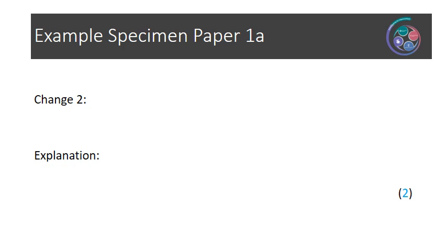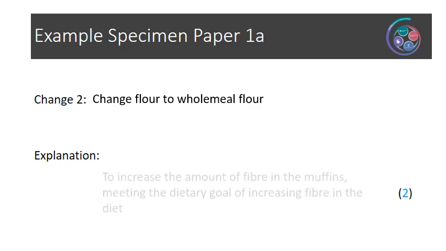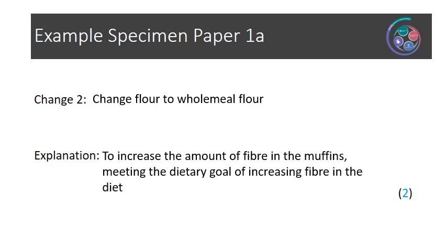Change 2 could be change the flour to wholemeal flour. Explanation could be to increase the amount of fibre in the muffins, meeting the dietary goal of increasing fibre in the diet. 1 mark for your change and 1 mark for the explanation, giving you a total of 2 marks.